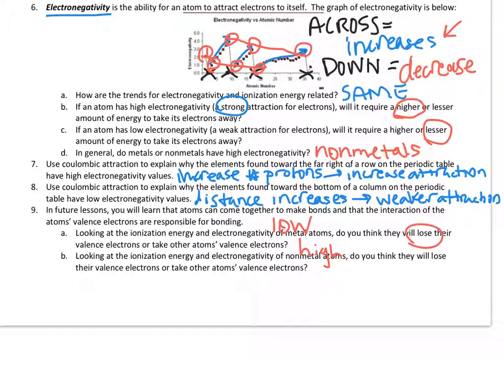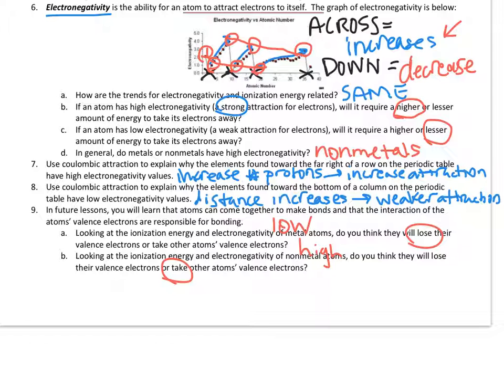So they're not going to lose them very quickly. All right, it's going to take a lot of strength. And because they have high electronegativity or high attraction for electrons, they're totally going to be greedy and trying to go out there and steal other atoms' electrons. So nonmetals are going to be the takers. Okay, so they're going to take those valence electrons. All right, so we're going to see that next class.